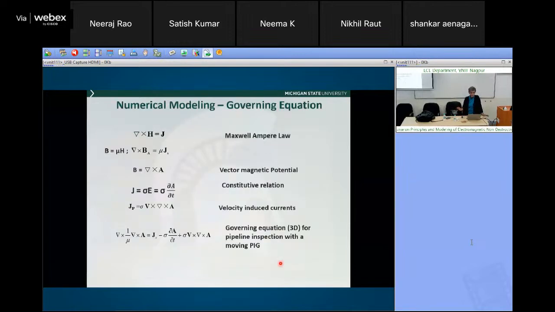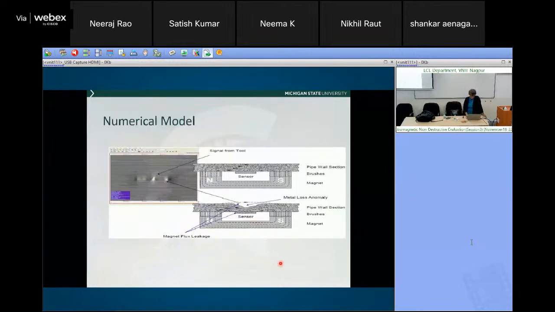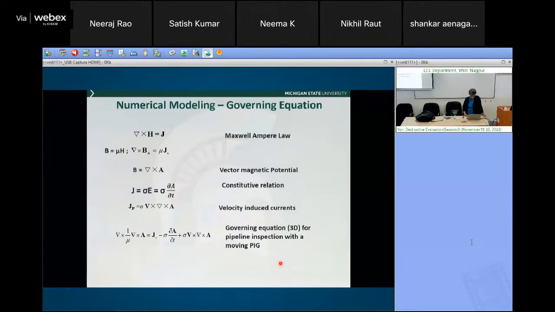The underlying governing equation for this is a static elliptic equation. Basically you have the Maxwell-Ampere law for setting up the magnetic field. Normally, we derive the governing equation in terms of the potentials. Again, we'll talk about this more in the forward problem modeling class.